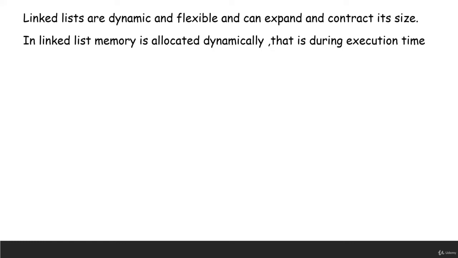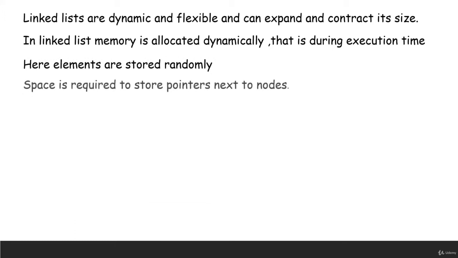And this only happens in dynamic memory allocation, which we have seen before. Here elements are stored randomly and space is required to store pointers next to nodes. So we will see this by using examples.